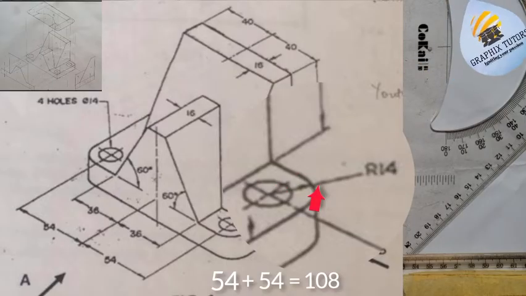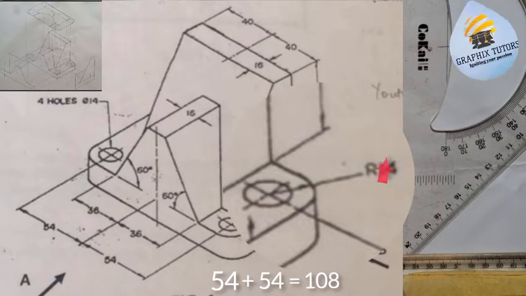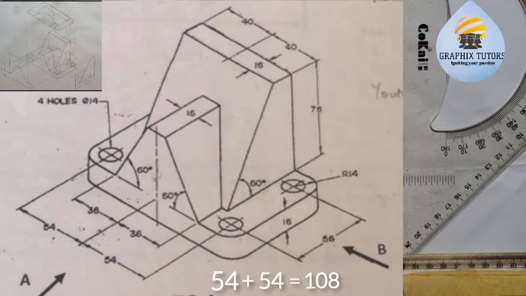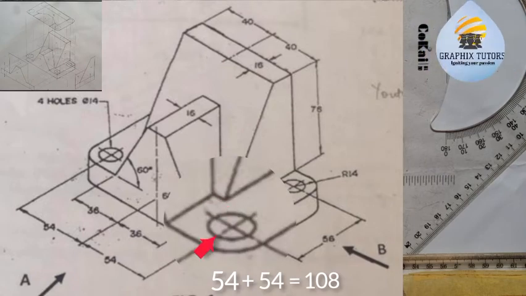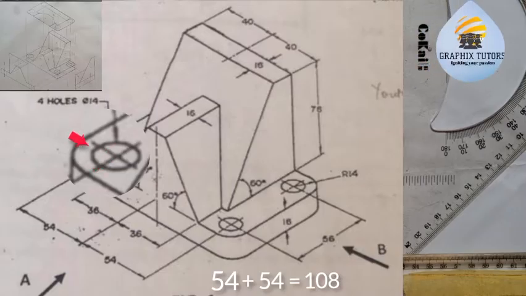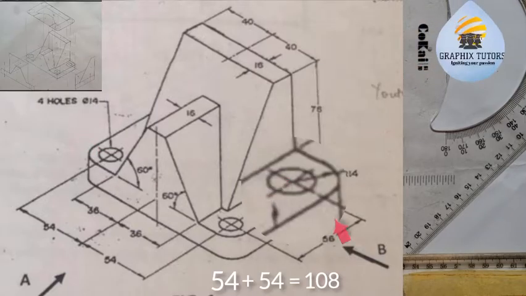Don't forget, this is a symmetrical object. If I slice it into two, what I see at my left-hand side is what I'll see at my right-hand side. From the center here to here, the radius is 14, right? That means at every circle, from the center to the end, from here to here also is 14, and from here to here also is 14.